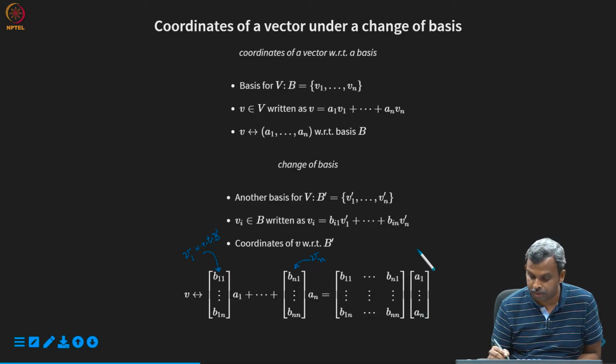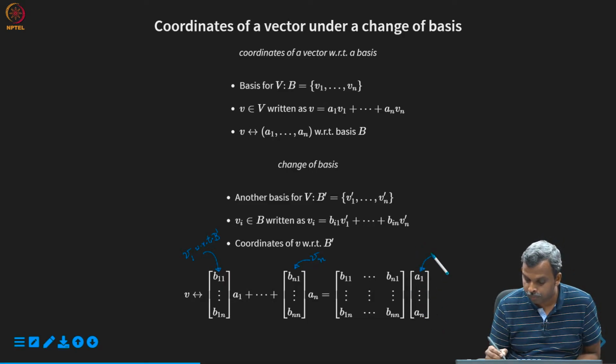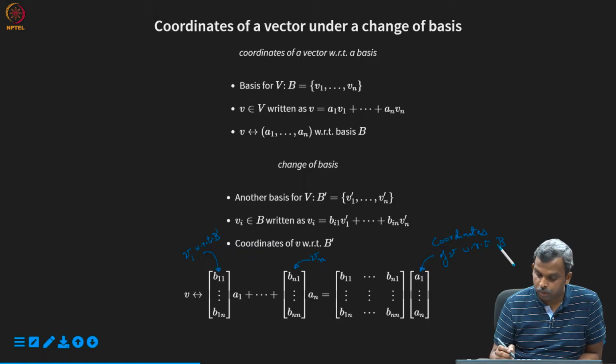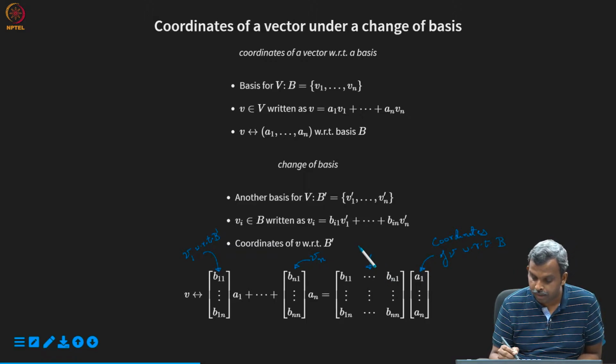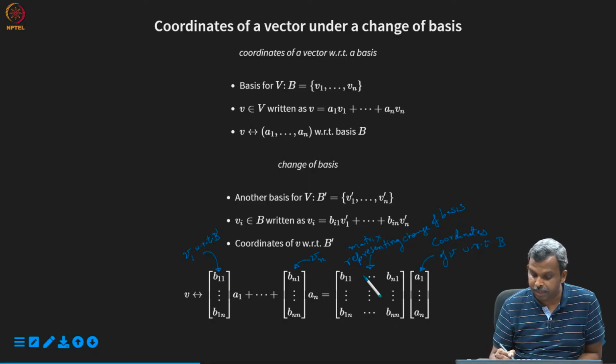Okay, so once again notice this is coordinates of V with respect to B. Okay, so this is sort of like the matrix representing change of basis. Right. So you get a matrix representing change of basis.